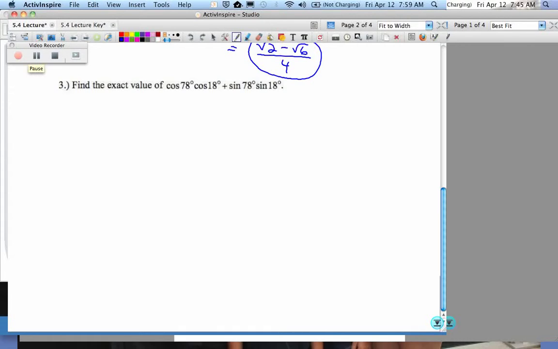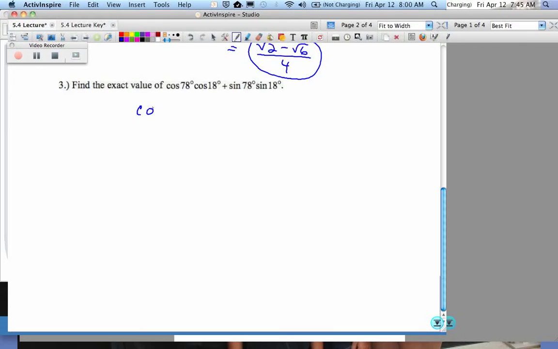On a problem like this, put yourself in like the teacher's shoes and look at what some student has written down. What pattern did they follow? Happy Friday. What are they doing? Cosine, cosine, sine, sine. So it's a cosine formula. And because it's plus here, they're subtracting inside.